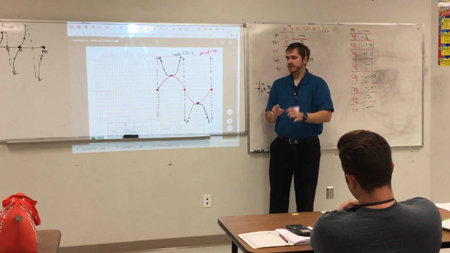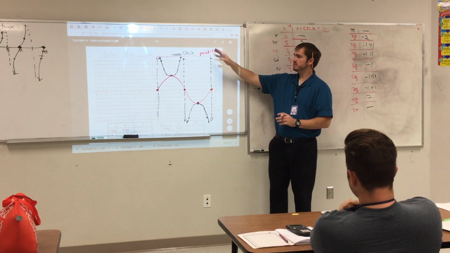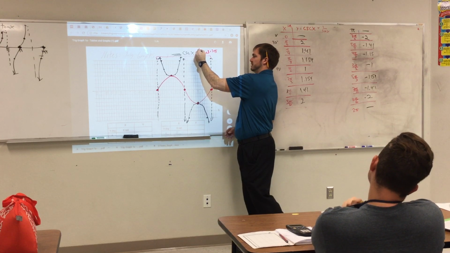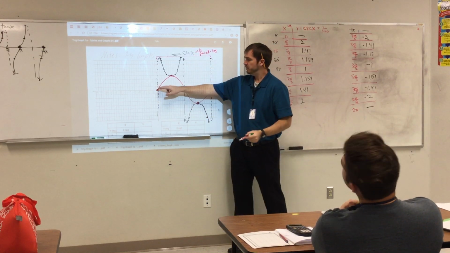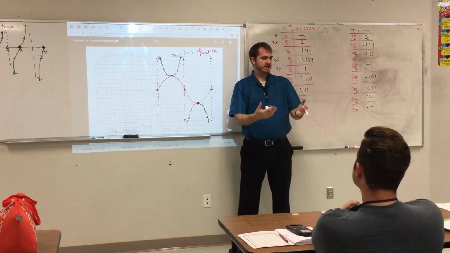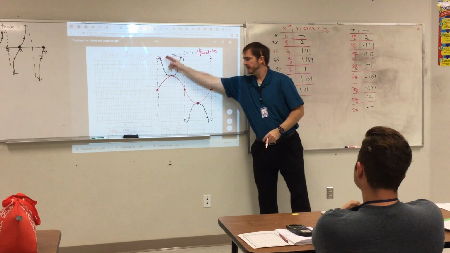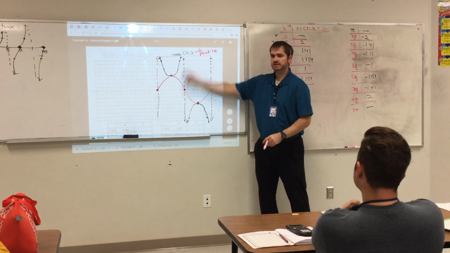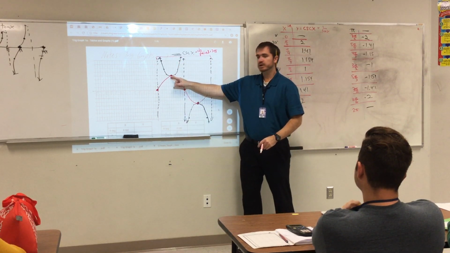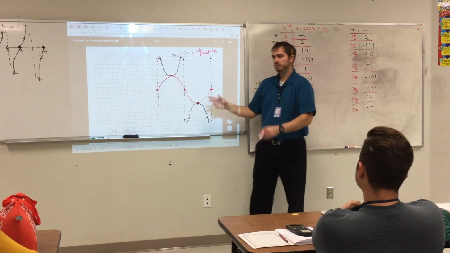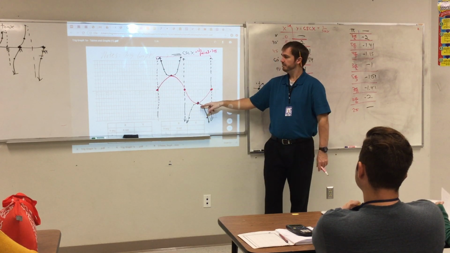And if you think about it, since cosecant is 1 over sine, when I have 1 over 0, we said that's undefined. You've got an asymptote. So asymptote, asymptote, asymptote. When you have 1 over 1, you're at 1. And when you're at 1 over negative 1, you're at negative 1.